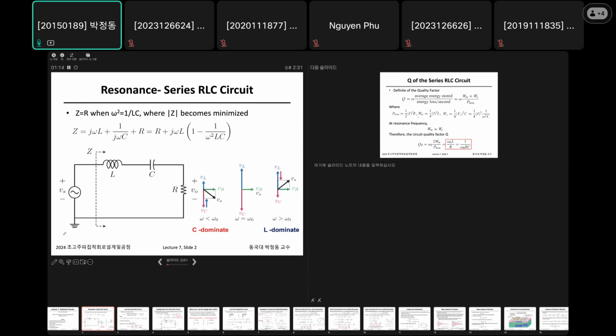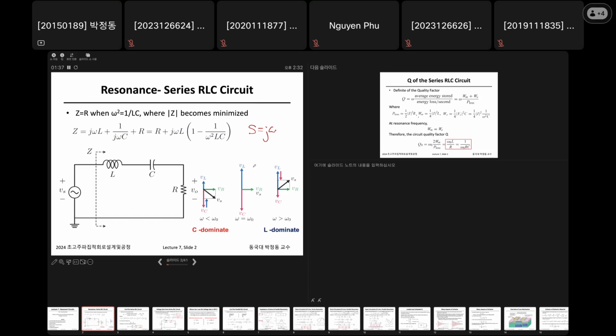However, when we talk about the resonance circuit in terms of RF application, what we are interested in is just the omega domain, not the S domain, which means we just convert S into j omega.